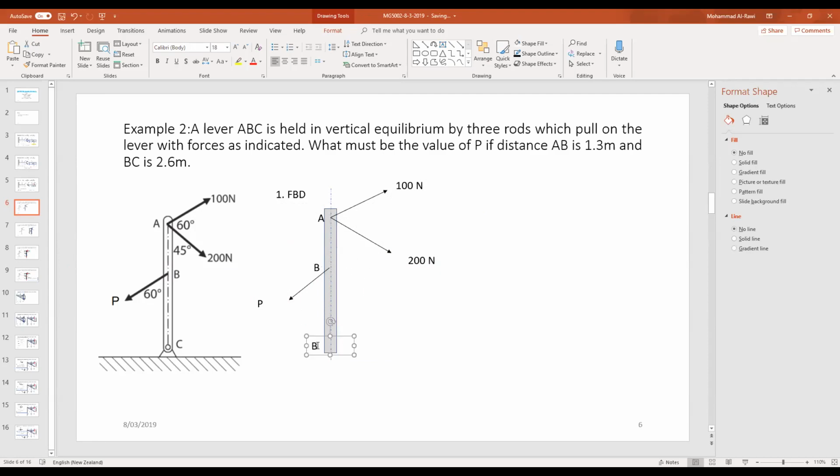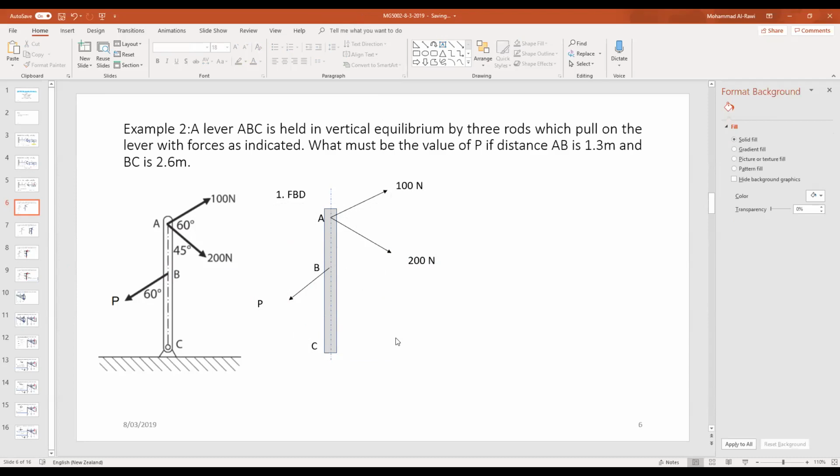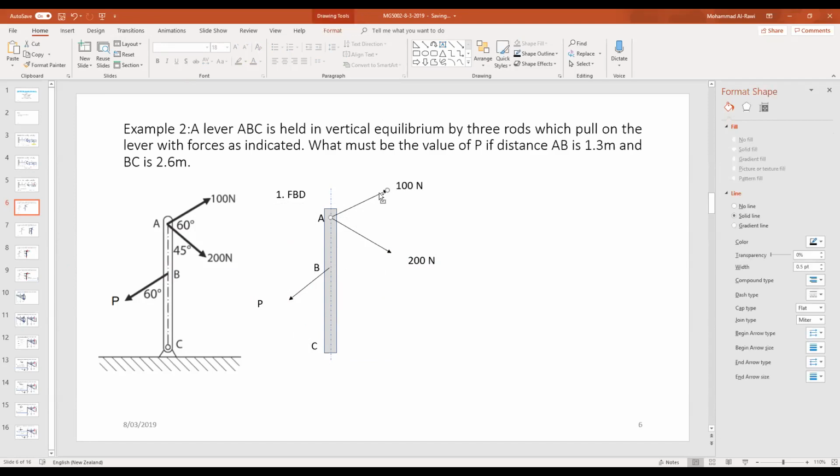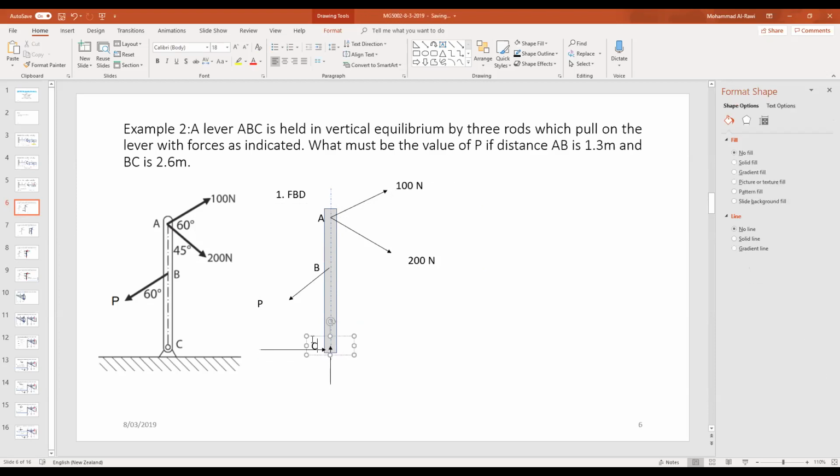Now, if you do it till here, for the free body diagram, I'd say, hey, you're missing a lot of things. What are you missing here? You have a fixed support at this end, so technically we need to have the forces at that end. That's very, very important because you're drawing a free body diagram. So we have a force going in that direction, and I'll assume there is another force going in that direction at the point C. So we do it here exactly where point C is located, and make it look better and more organized.